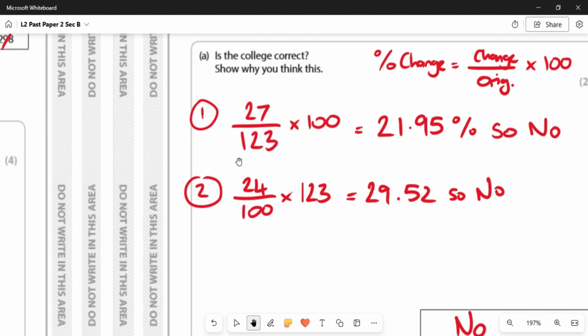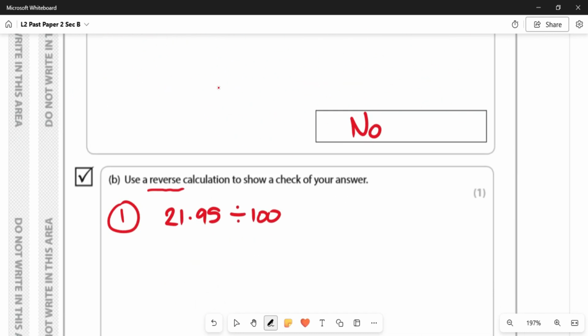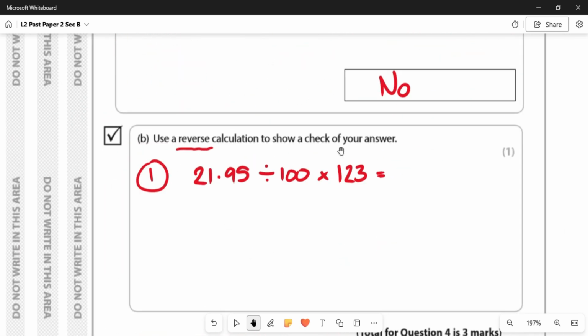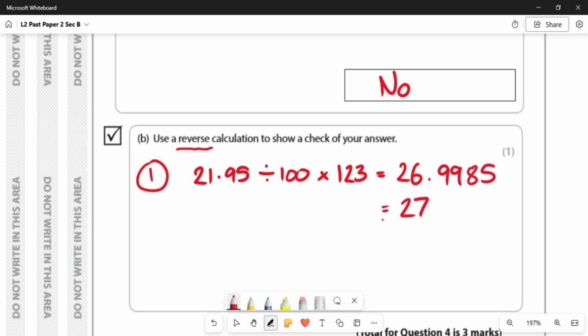And at the same time, the opposite of divide by 123 is times by 123. And this should give me, even without my calculator, I know it's going to be 27, the other number that's missing. But if you type it in your calculator, it will confirm. Okay, you get 26.99, because I rounded my answer to begin with, which is roughly equal to 27.